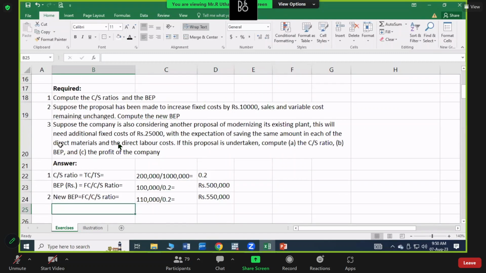Suppose the company is also considering another proposal for modernizing its existing plant. This will need an additional fixed cost of 25,000, with an expected saving of the same amount in direct material and direct labor. If this proposal is undertaken, compute the CS ratio and the BEP and the profit of the company.